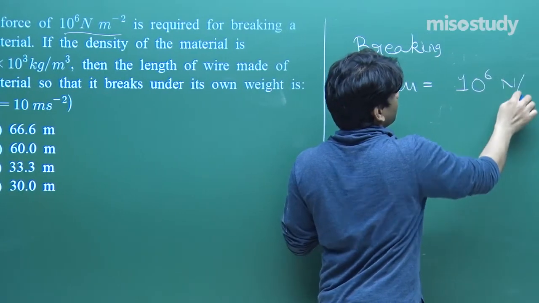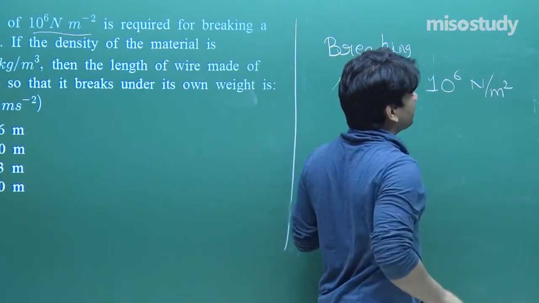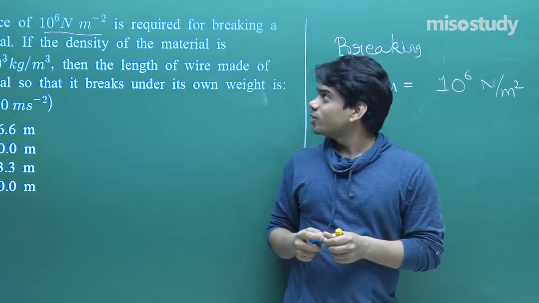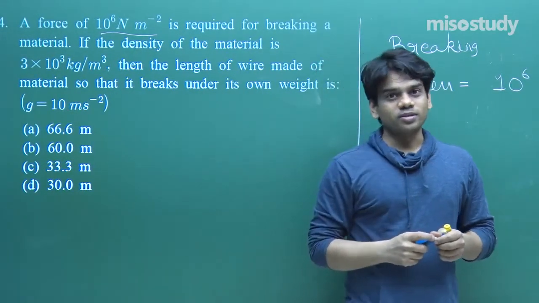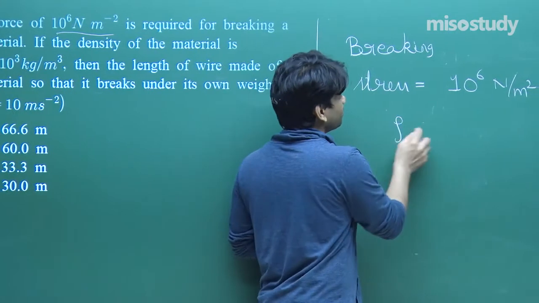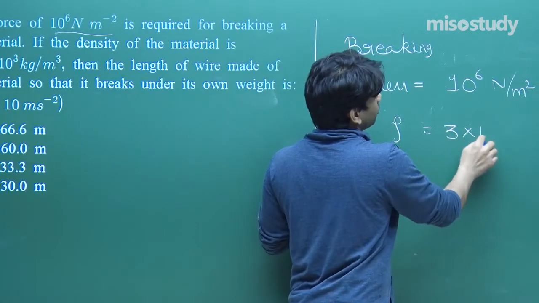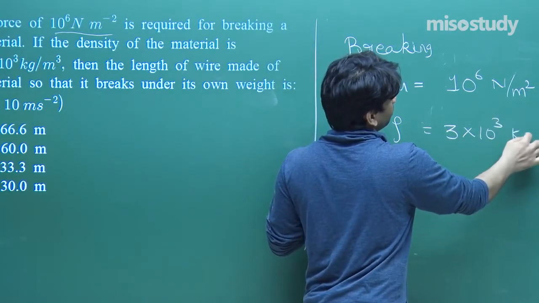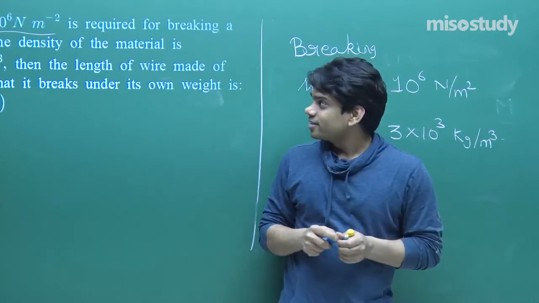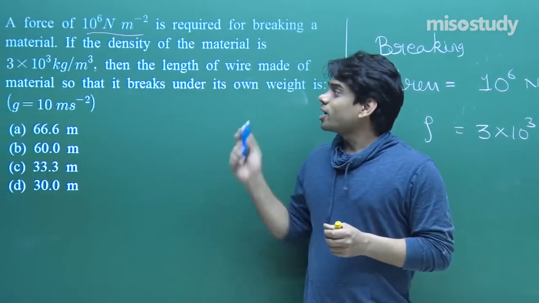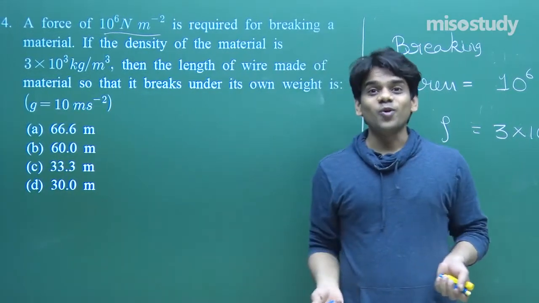If the density of the material is 3 into 10 power 3 kg per cubic meter, the density is provided to us. Next, the length of wire made of the material so that it breaks under its own weight.